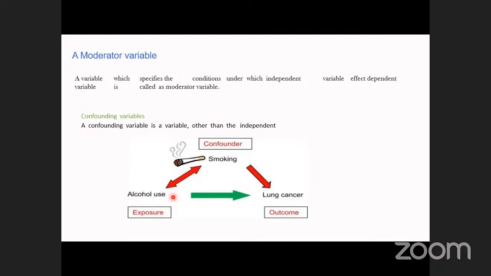And lastly, we have the type of variables we call confounders. Confounders are variables that seem to play a trick in our results, of which, if we don't take care, there will be wrong conclusions. For instance, if you look at our slides, we are talking about alcohol use, that's drinking, and lung cancer. Now, there's a close relationship between smoking and drinking, so that the people who smoke, they drink, and the people who drink smoke, right?